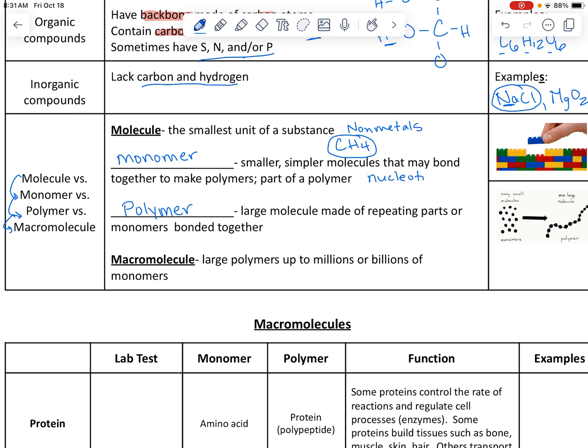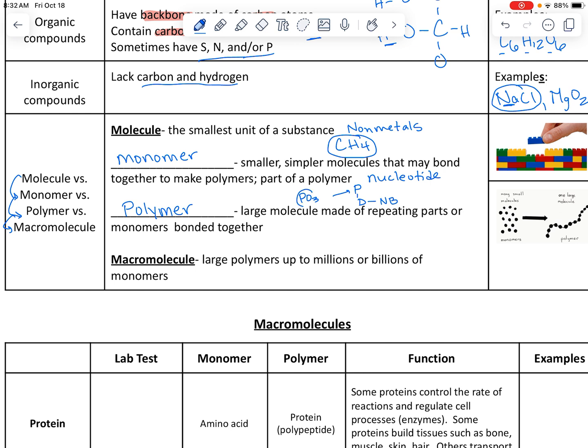So a nucleotide, remember, is a phosphate bonded to a deoxyribose bonded to a nitrogen base, either adenine, thymine, guanine, or cytosine if we're talking about DNA. So I'll just put nitrogen base here. Okay, that's a monomer. Phosphorus, if we looked at the phosphorus there, that's, sorry, it's not phosphorus, that's phosphate. That is PO3.